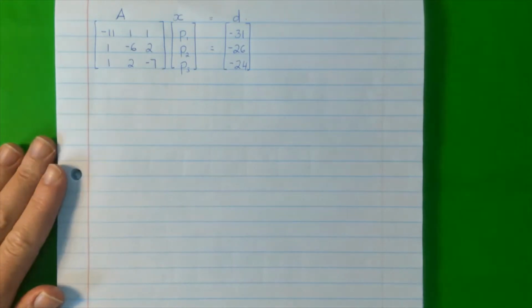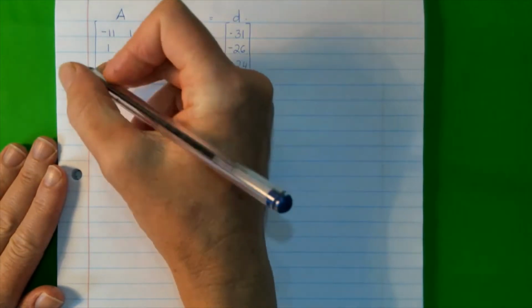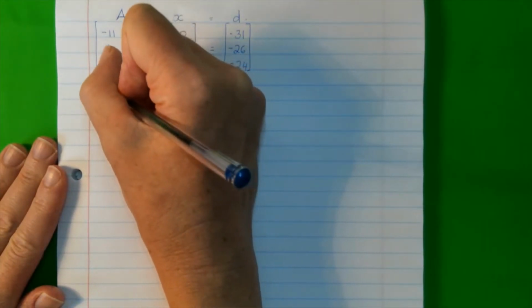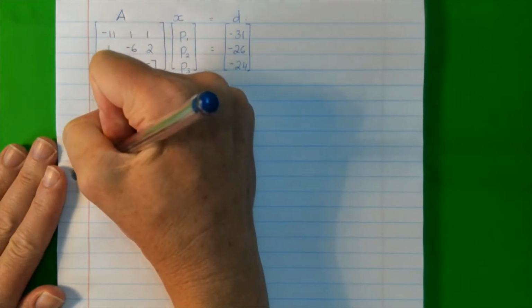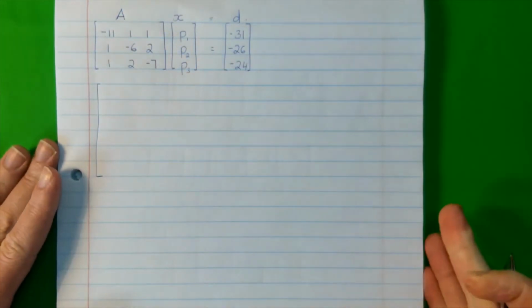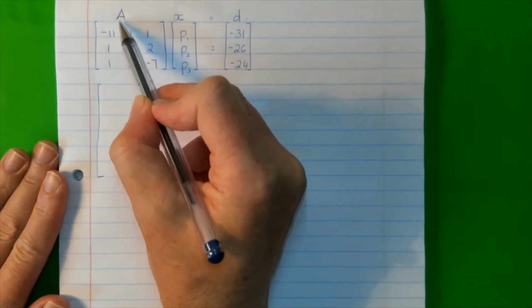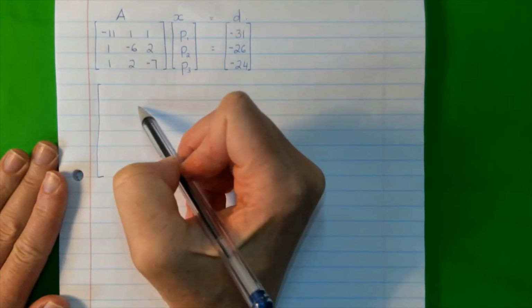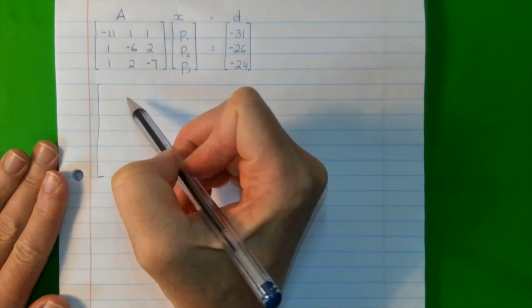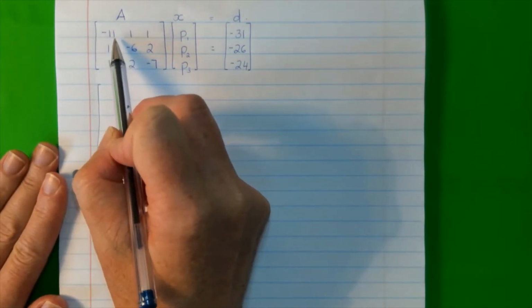The next step in our calculation is to write down the matrix of minors. So if we give ourselves some space. Alright, we are working with matrix A here, and we want to write out the matrix of minors. It's a fairly simple exercise, but can take a fair amount of time.